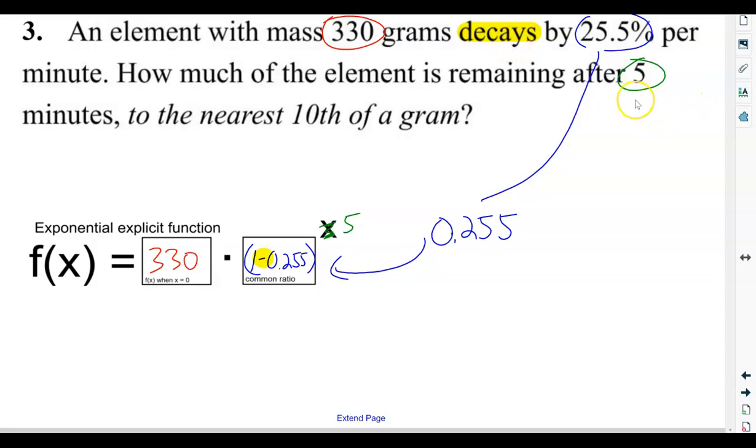And we're going to raise it to the 5th power because it's 5 minutes. Now all we have to do is type it in the calculator. We've got 330 times open parentheses 1 minus 0.255 close parentheses raised to the 5th power.